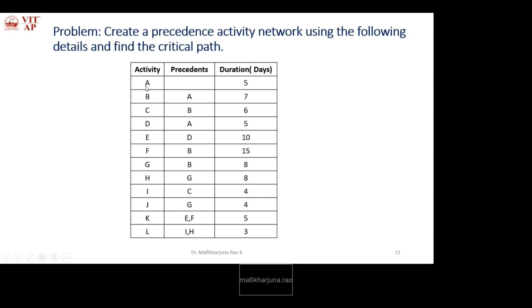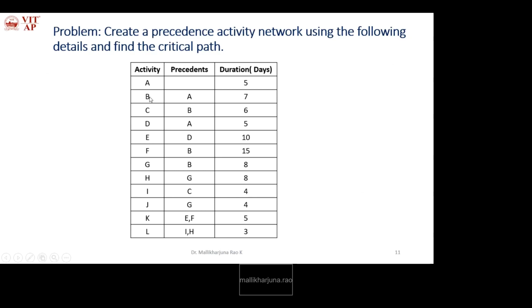If you see activity A, it does not have any precedent, so we can start directly with A. Then B has precedent A, so B starts only after completion of A, which we have to ensure. When representing B, we need to check whether B is the precedent for any other activity.